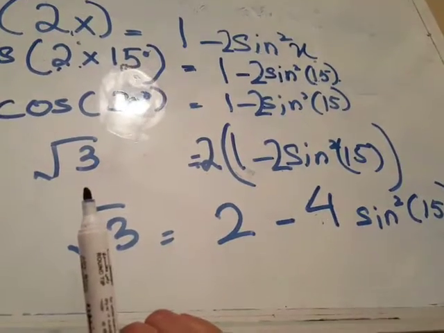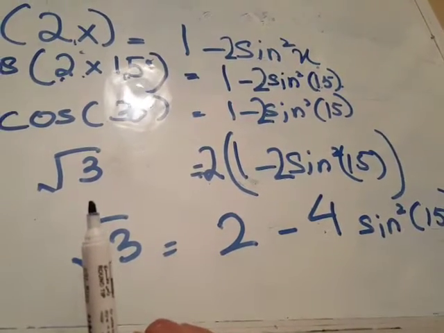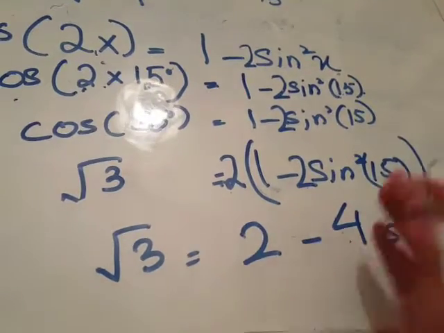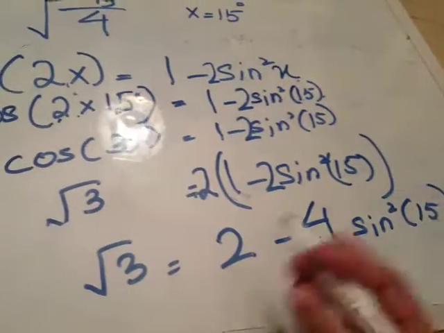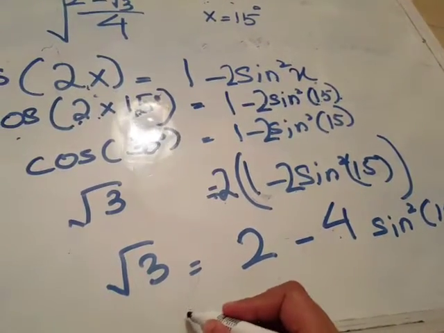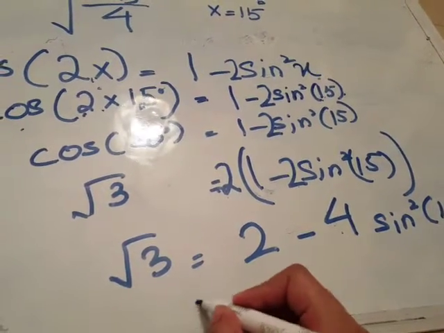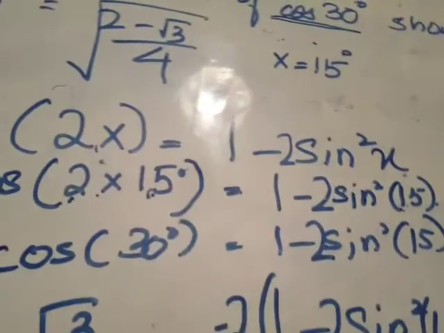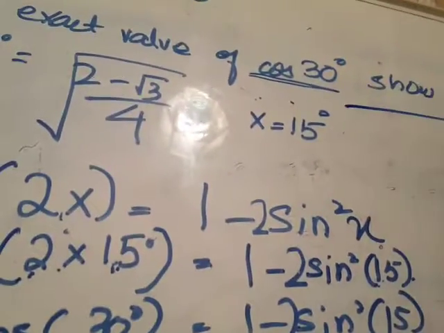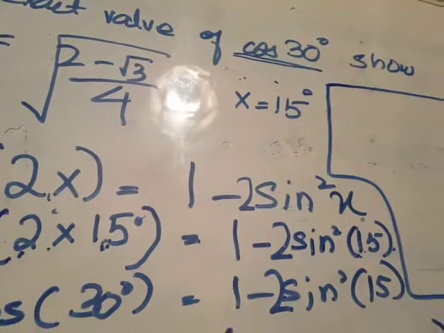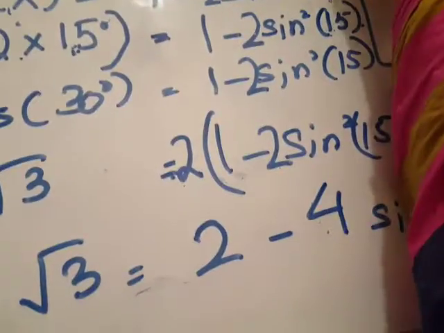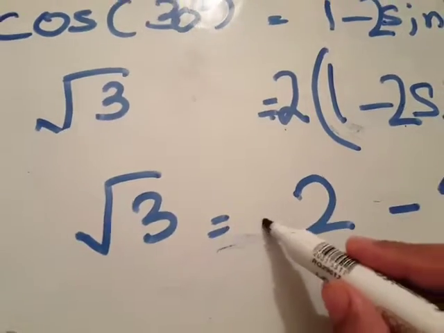Okay, now what I can do is bring all the numbers on one side and keep the sine term on the other side. So I can write this as root 3, this 2 has a positive sign here, right?